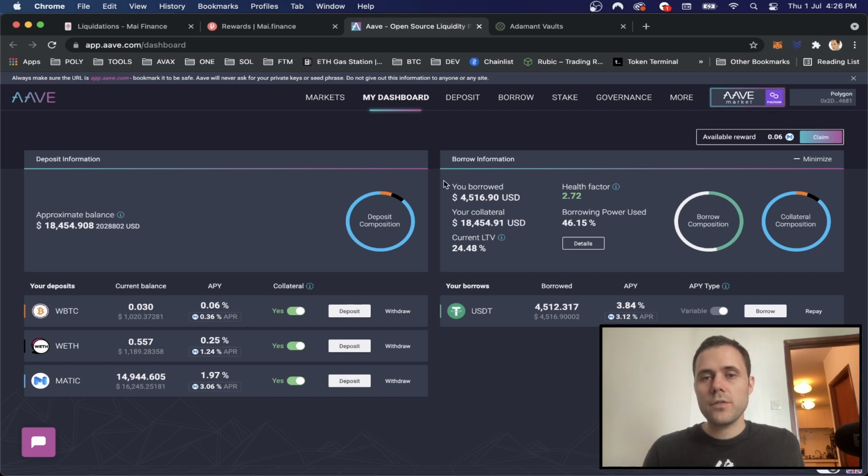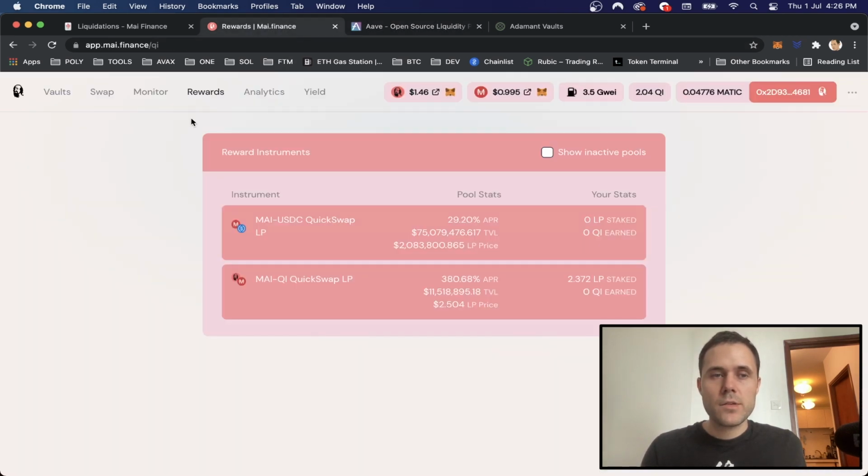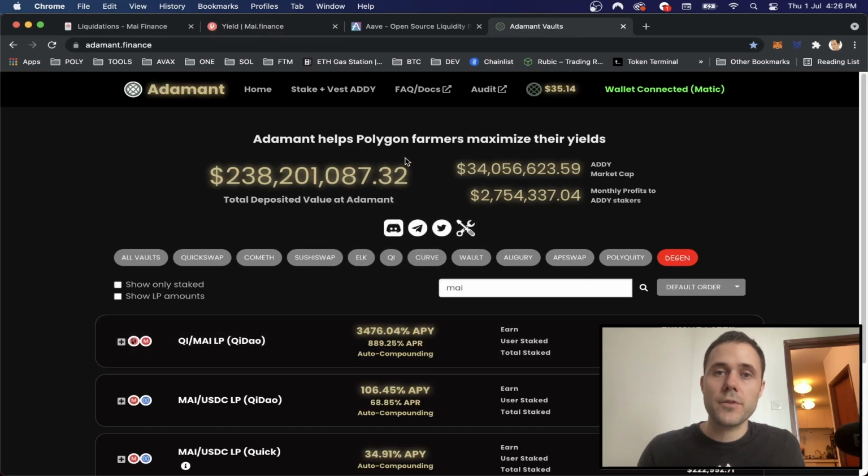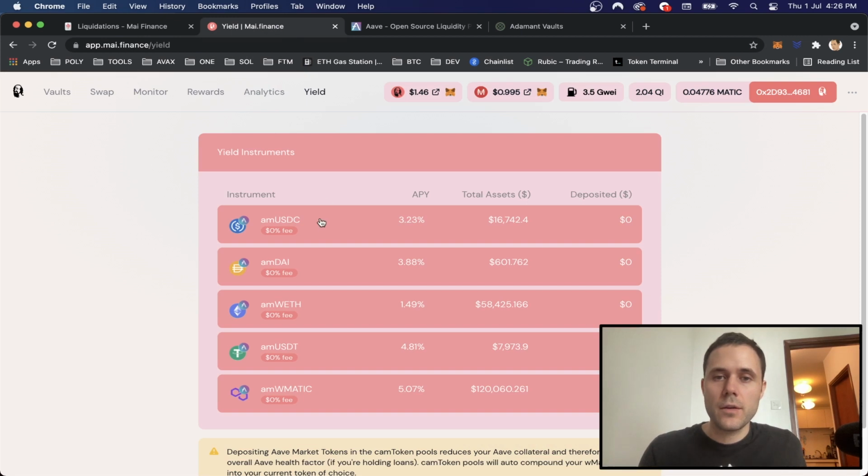So how do these two platforms interact? Let's take a look. So if we go over to the app.mai.finance, which we were on before, if we go over to yield, now what Mai Finance is offering is like a yield aggregator as well, similar to what Adamant is offering us to our liquidity pools on Mai Finance.